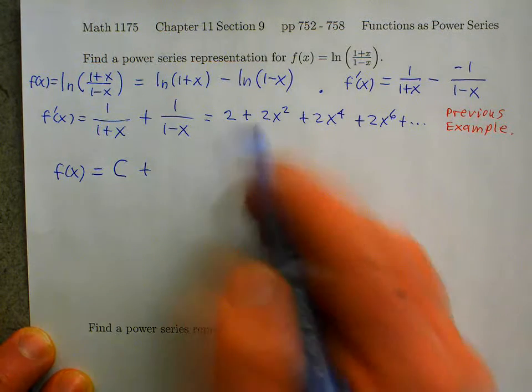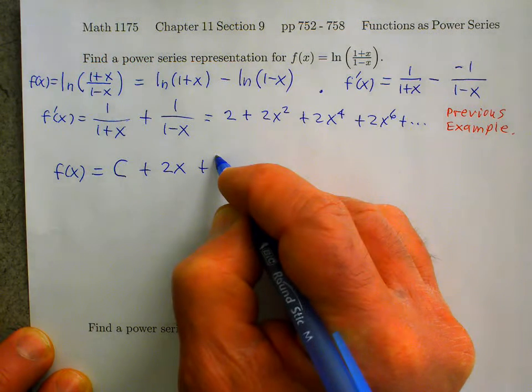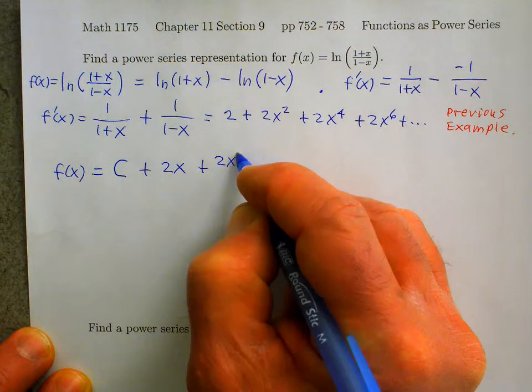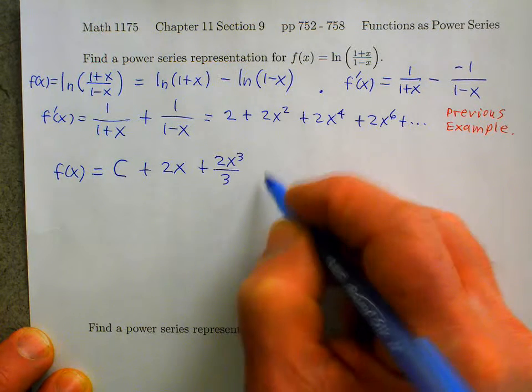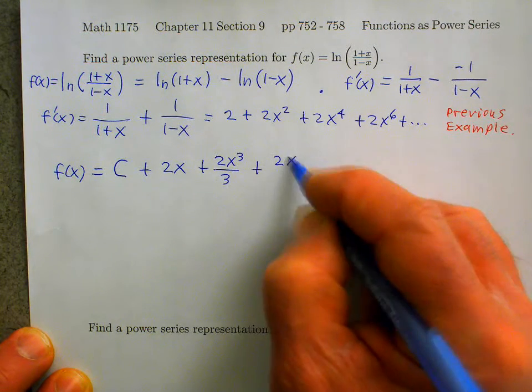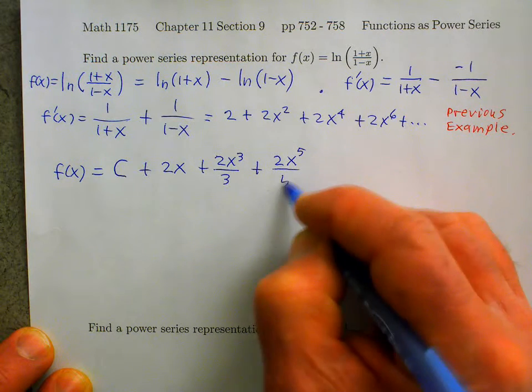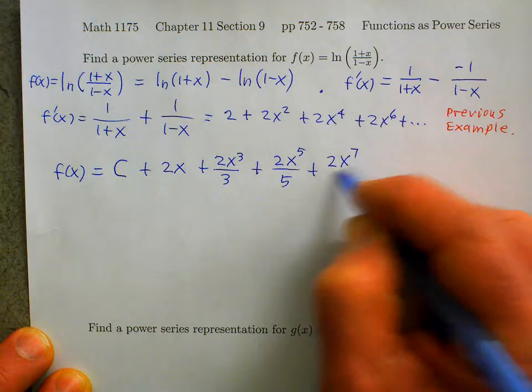So 2x plus 2x to the 3rd over 3 plus 2x to the 5th over 5, and so on. 2x to the 7th over 7.